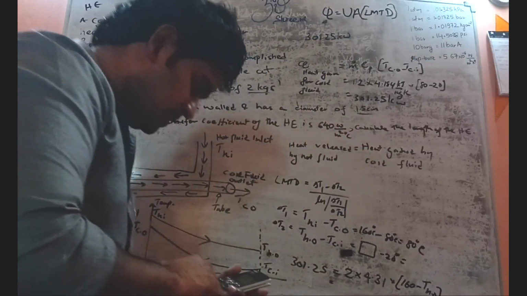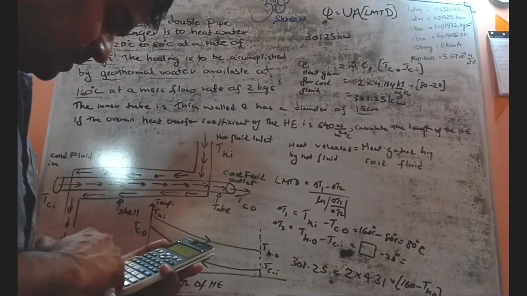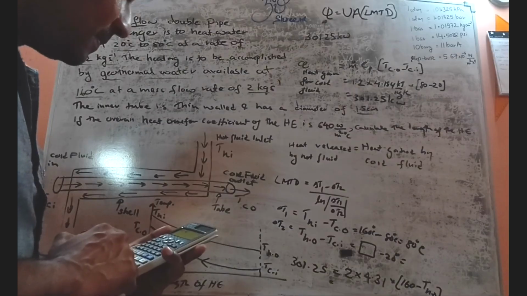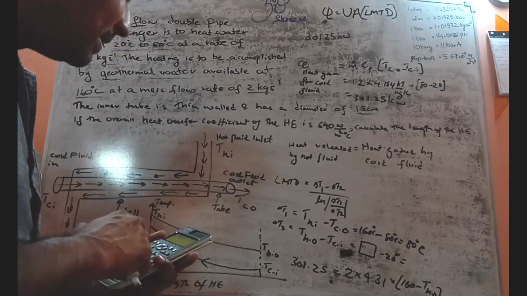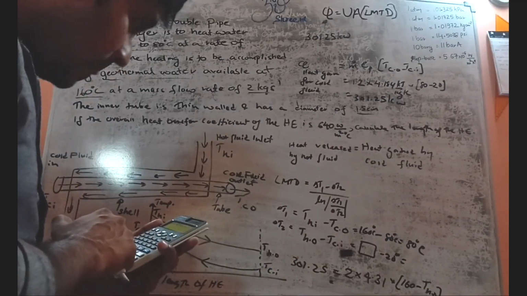So let's do the simplifications. We have 1.25. I will put the other values to the denominator, to the left side.